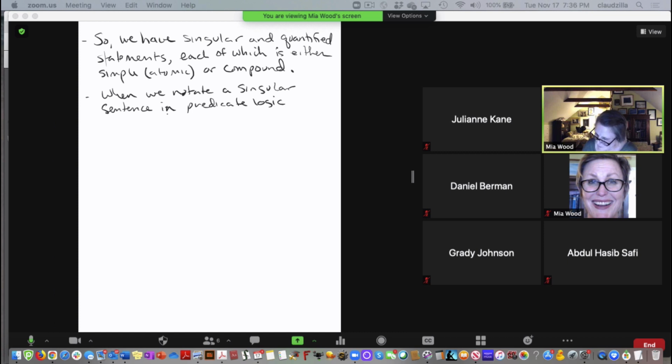When we notate a singular sentence in predicate logic, we use an individual constant or name which takes a predicate, right?